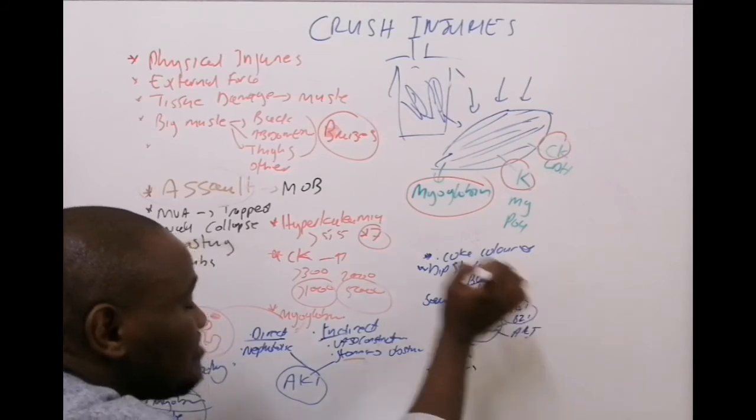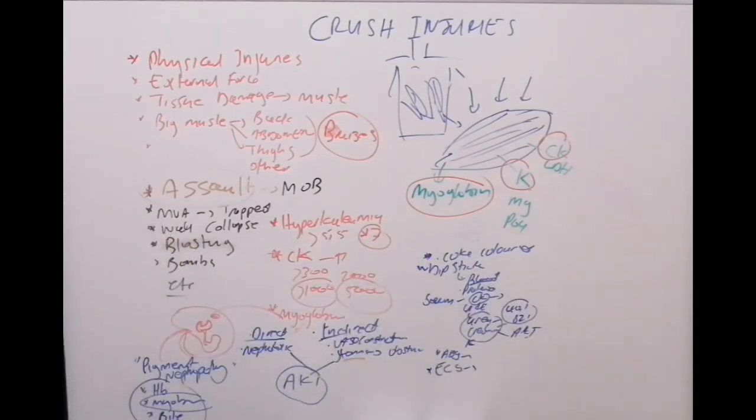So already this patient has got renal failure. So if I gave him fluids, I was going to push him into pulmonary edema and possibly lose him. So I had to be clever with my fluids.